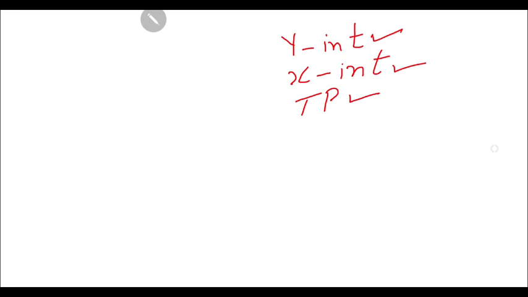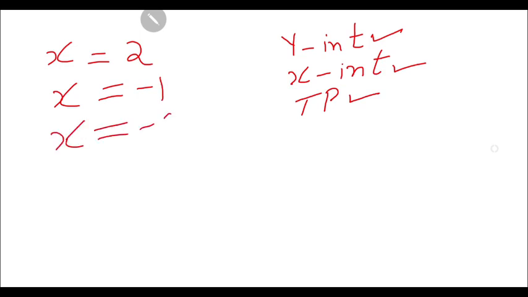To find the x-intercepts, from the factorization in 8.3, the roots are x is equal to 2, x is equal to negative 1, and x is equal to negative 5.